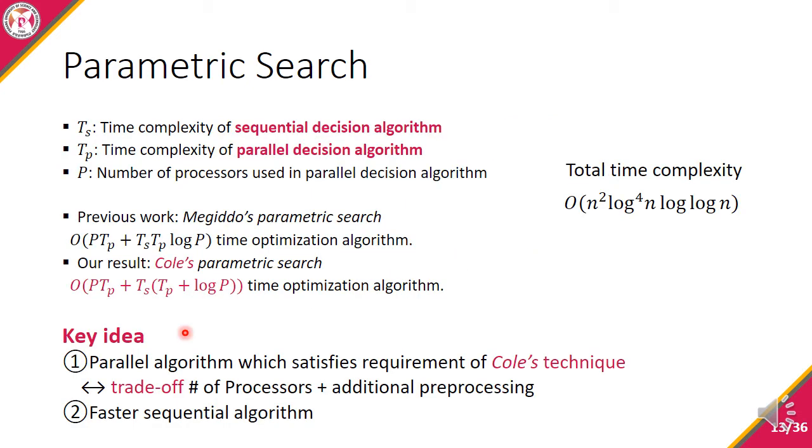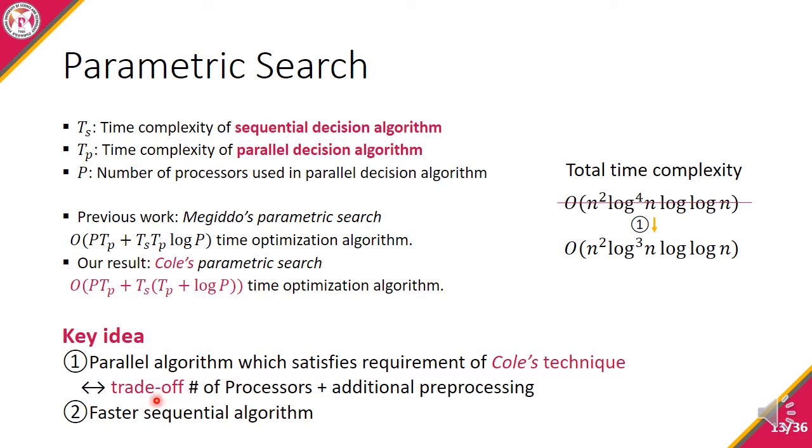So, we design a parallel decision algorithm that satisfies the requirements of Cole's parametric search. Our parallel algorithm uses more processors than previous work and needs additional preprocessing, but this can improve the total time complexity.